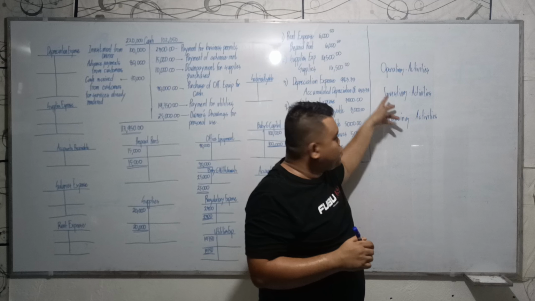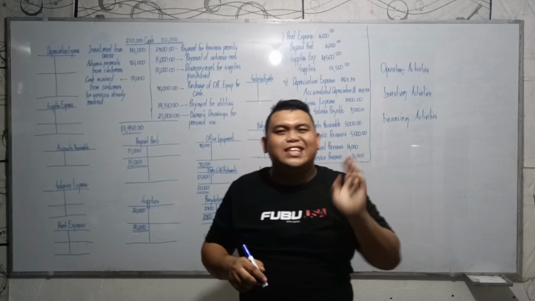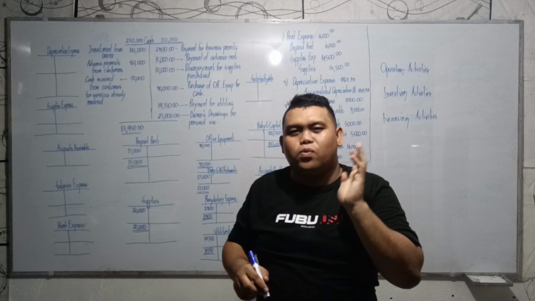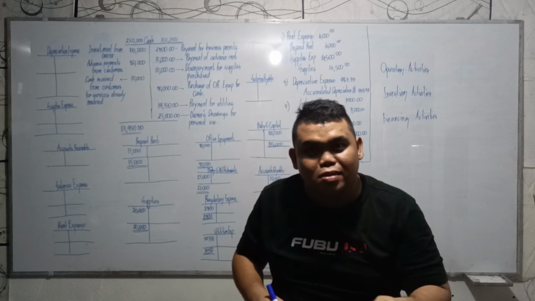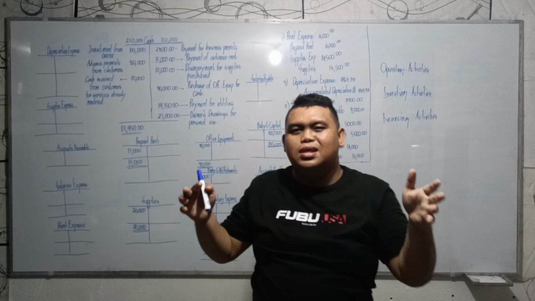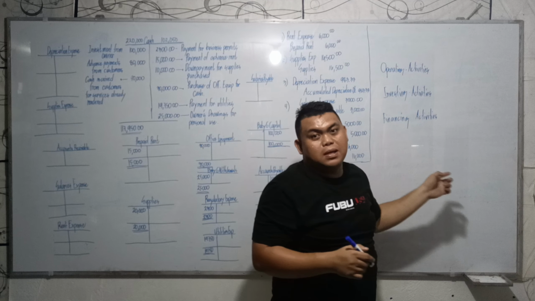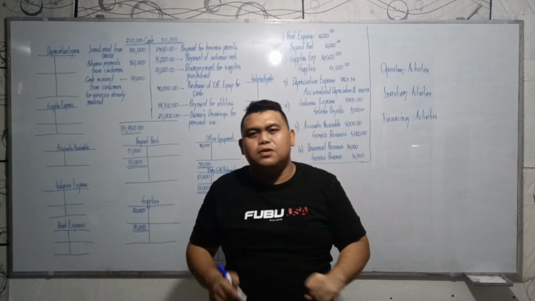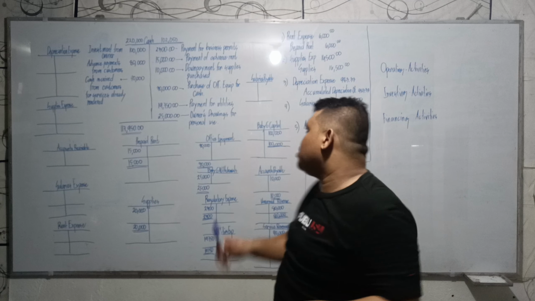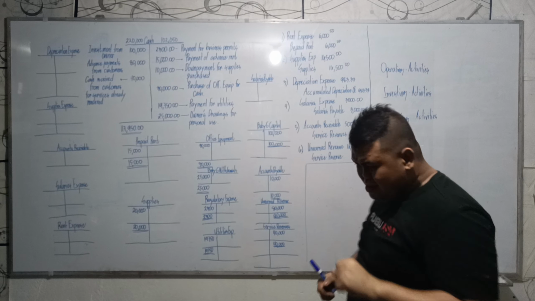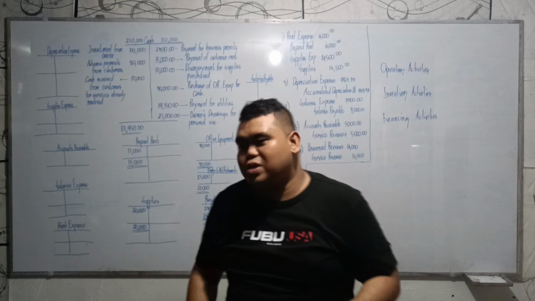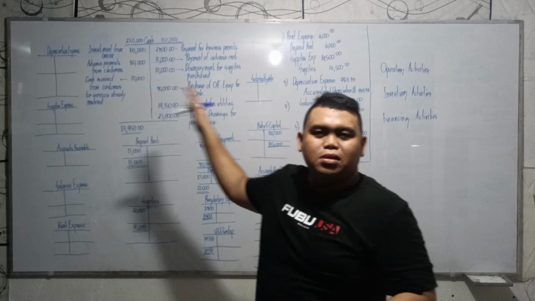So it's very important to know where did the cash come from and where does the money go. Okay? And where can you see that? It's on the cash flow statement.